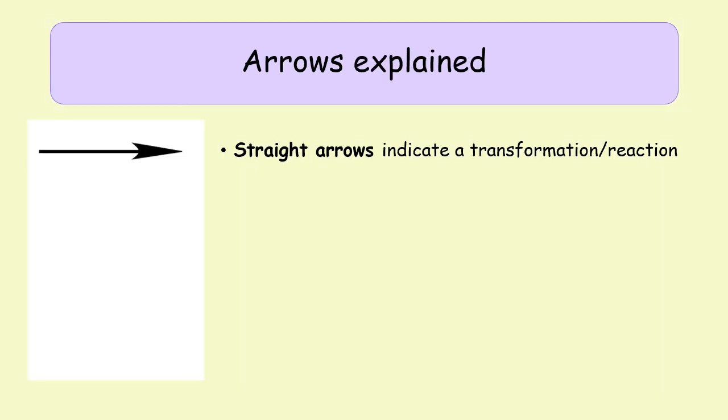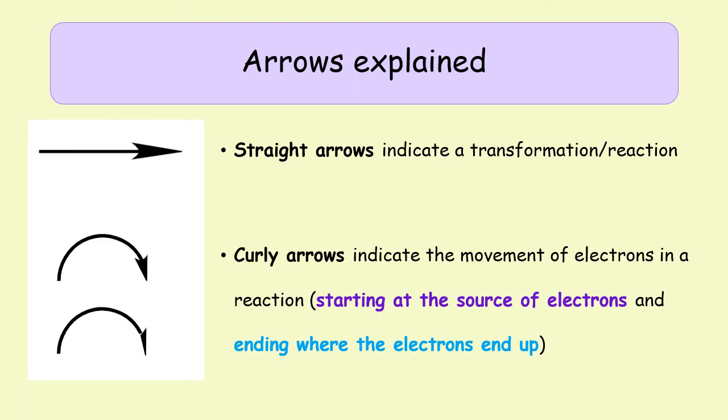So within our synthesis reactions, we need to always be aware of drawing our arrows correctly. Straight arrows and even reversible arrows indicate transformations, they indicate that reactions are occurring. Our curly arrows indicate the movement of electrons, and that's when we're going into more detail about the mechanics of a reaction.